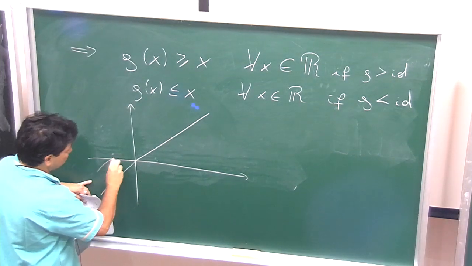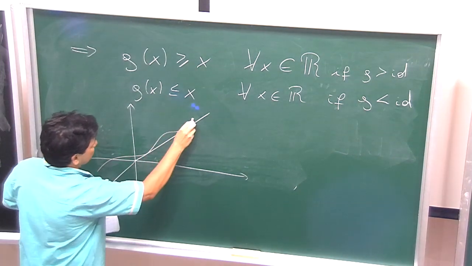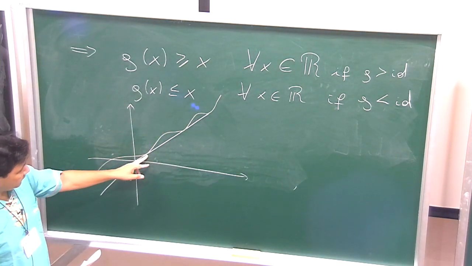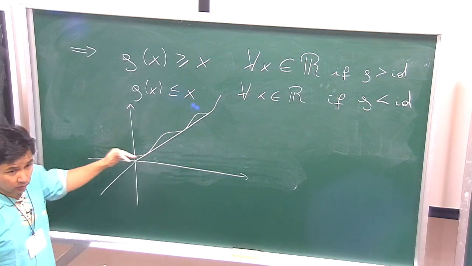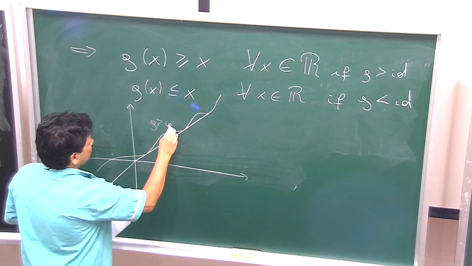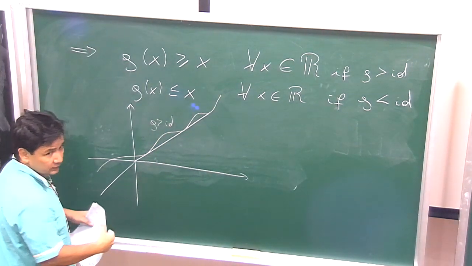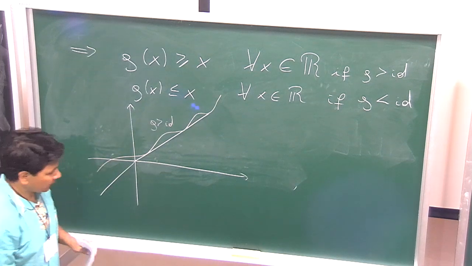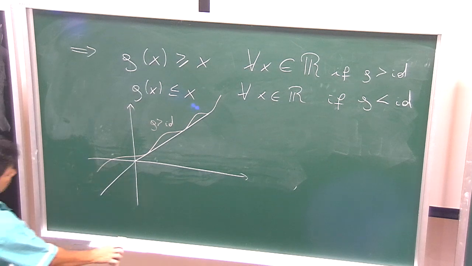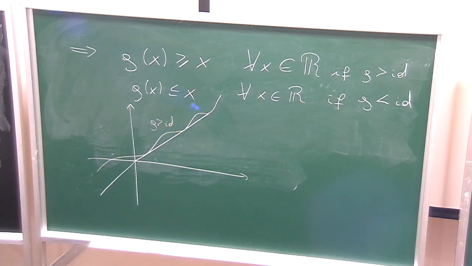Something like this. Maybe it's here, maybe here. Maybe there are infinitely many points which are fixed by the element, but it never goes to the other side of the diagonal. This is a positive element. And a negative element is an element whose graph is always below the diagonal.